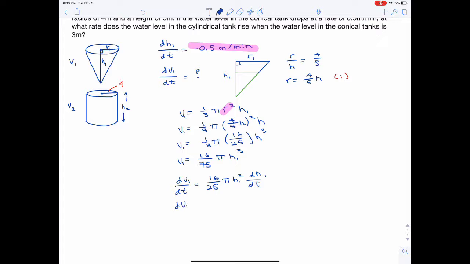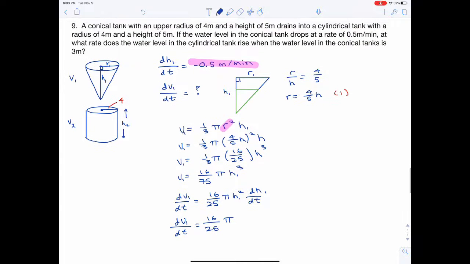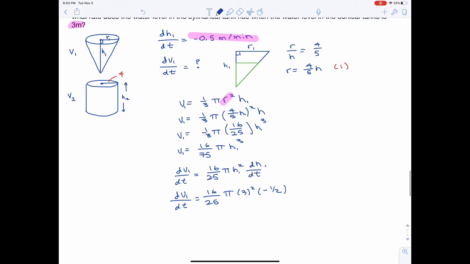I get dV, the rate of change of the conical tank, is going to be 16/25 pi h. They gave us the height when it was 3 meters. So h is 3 squared, and dh dt is negative 0.5, which is negative 1/2.